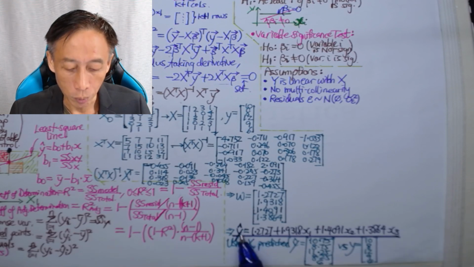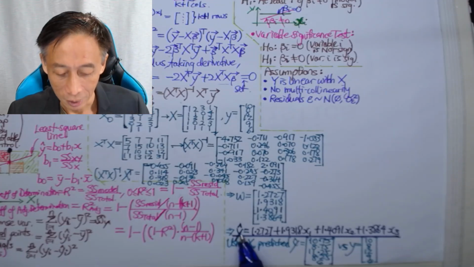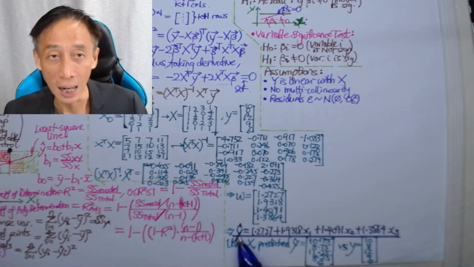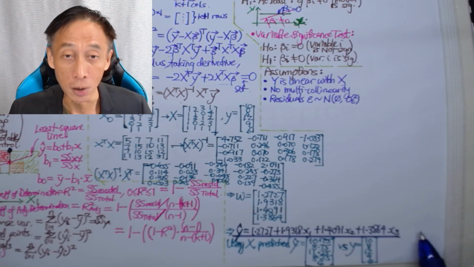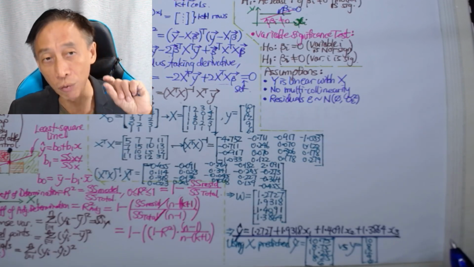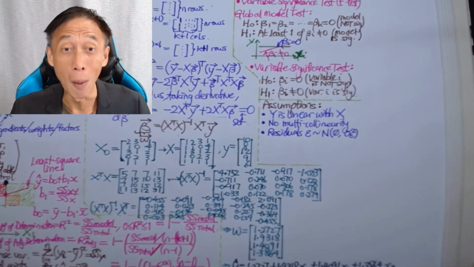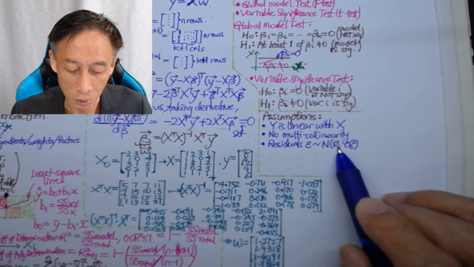If you want y hat to become yi, then you had better add an epsilon, because the noise is the gap there. So if we add epsilon, that epsilon had better show no bias. In other words, the average is 0.